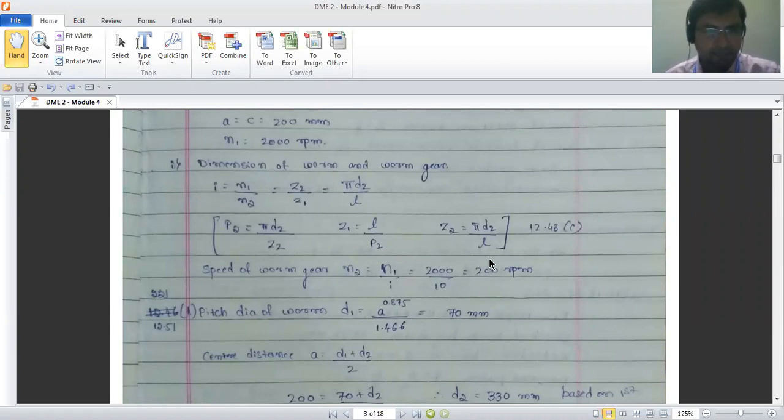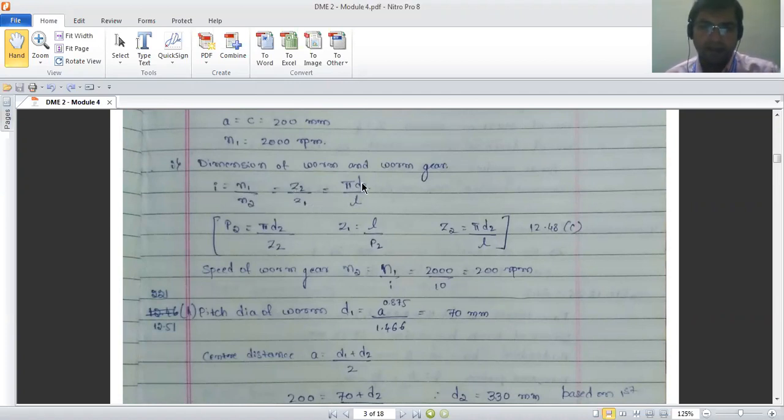So the first step is the dimension of a worm and worm gear. As we all know, transmission ratio is the ratio of speed of the worm to the speed of the worm wheel. So that is i equals N1 by N2, or Z2 by Z1.